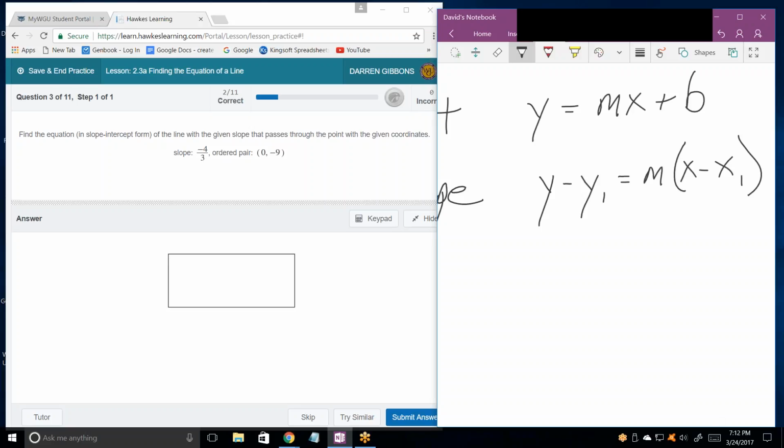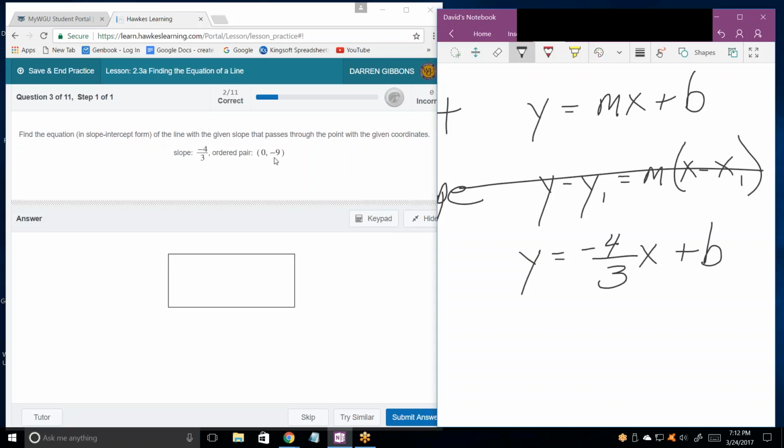Let me draw a line through that so we're not confused. They gave us the slope, so I can write most of it right off the get-go. I can write that much of it just from the fact they gave me the slope was minus 4/3. But I still have to solve for b.